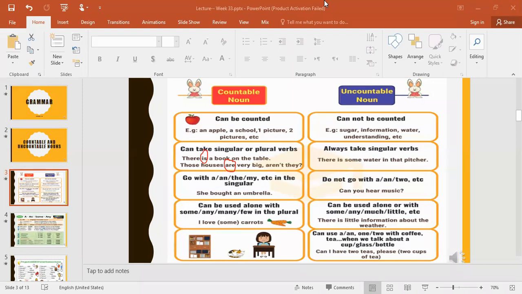I can say I drank, for example, 2 cups of tea. I want 2 bottles of water. So if I'm talking about a glass, a cup, a bottle, a piece, a slice, in this case, I can use numbers or I can use a, and so on.